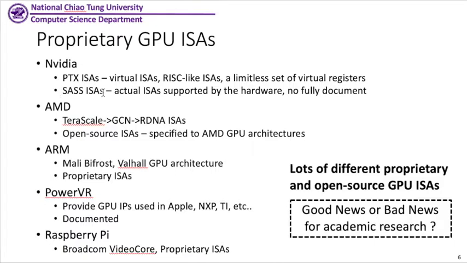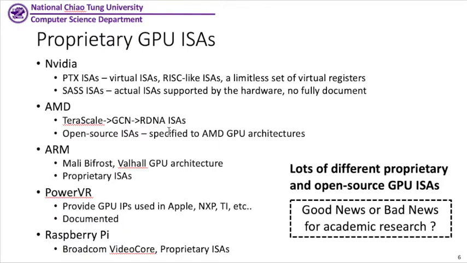The SASS ISA is an actual ISA on NVIDIA GPUs, but it is hard to know their detailed knowledge because NVIDIA did not disclose details of SASS instructions in public. AMD released the RDNA instruction set recently.